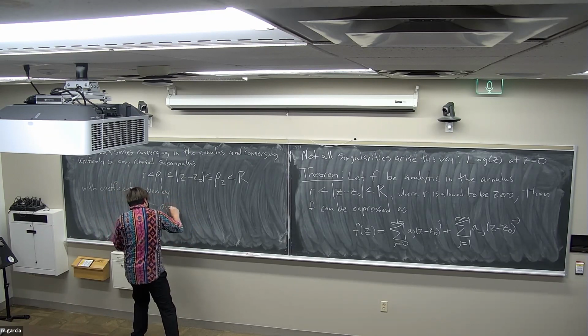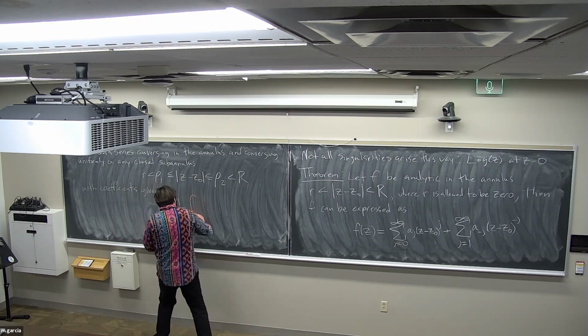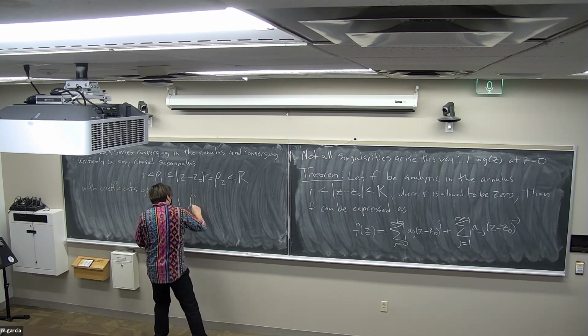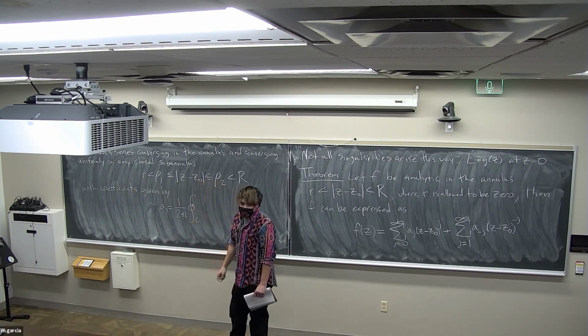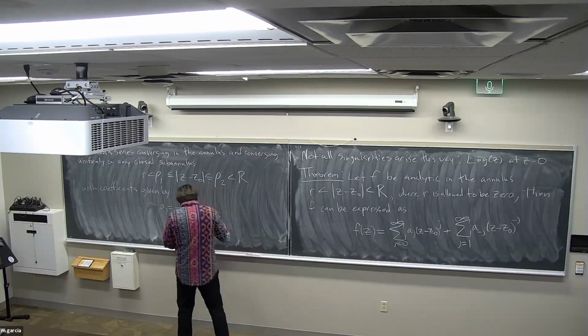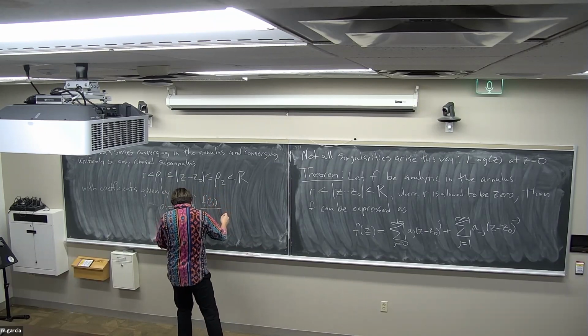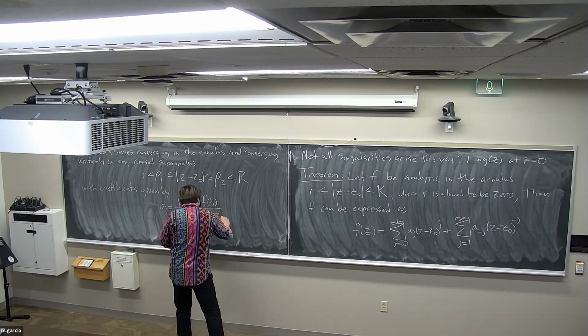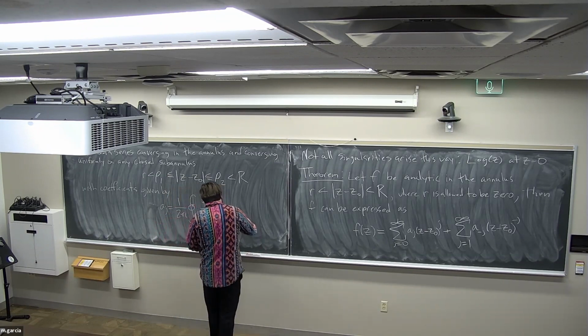A sub j is equal to 1 over 2 pi i times the integral around C. Remember, this is suggesting that C is closed and we traverse it once in the counterclockwise direction. This is an integral of our standard expression, f of zeta divided by zeta minus z naught to the j plus 1 power, d zeta.